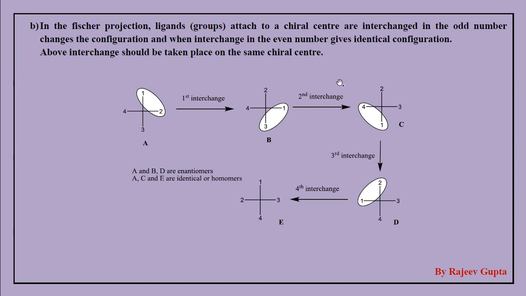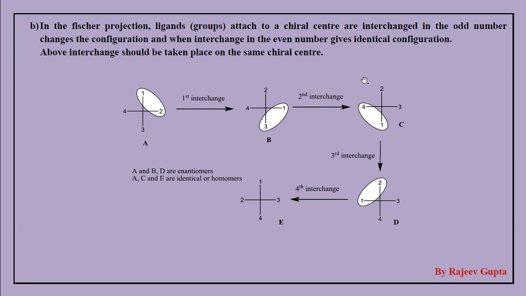Now we make a second interchange, and this interchange we can make choosing any groups. Suppose we take 1 and 3. Now 3 goes to here and 1 goes to here. Now this structure C, and B, C and A to C, this is even number, 1 and 2.